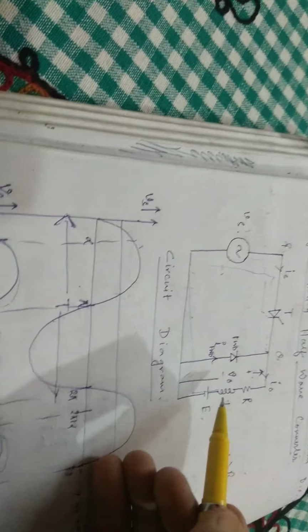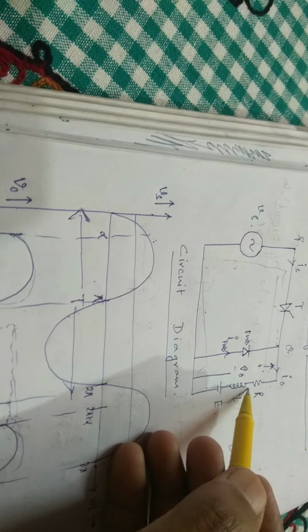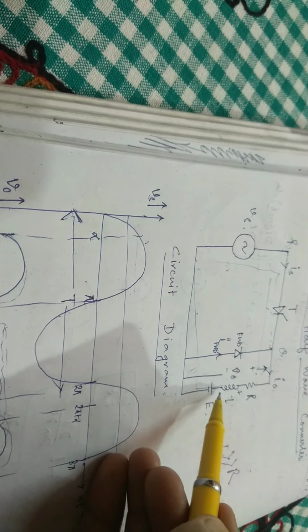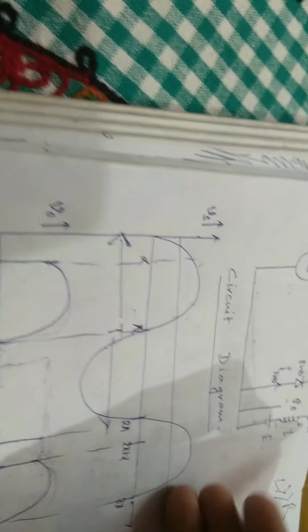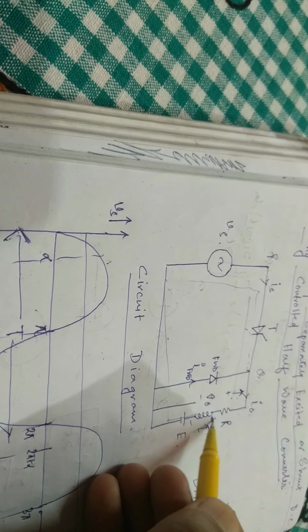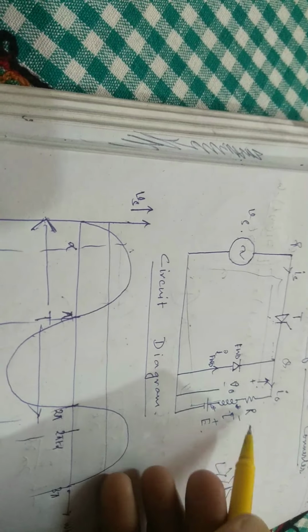It starts falling because of the polarity of this inductor. When it starts charging, its polarity is plus minus, and when the current starts to decay, the polarity of this inductor becomes negative. That is, this polarity becomes minus, and this polarity becomes plus. It inverts the polarity.